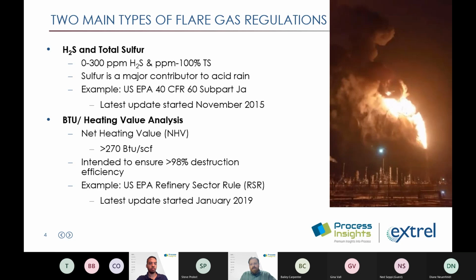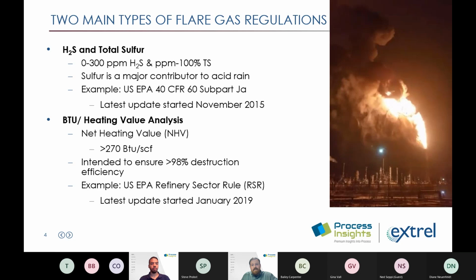And that requirement really is based on the fact that if you combust sulfur-containing compounds in your flare, you're not going to destroy the sulfur. Instead, you're going to produce SO2, which is a major cause of acid rain and some major environmental effects that result. So EPA requires that those sites are measuring the amount of sulfur that's going out of their flare.